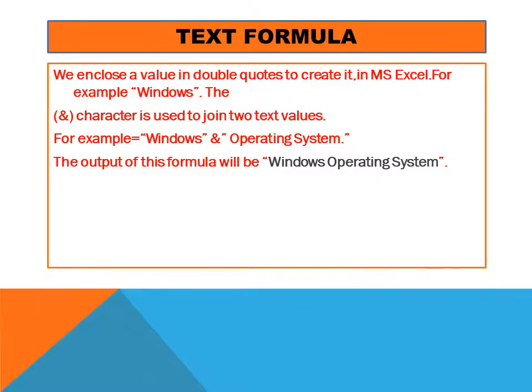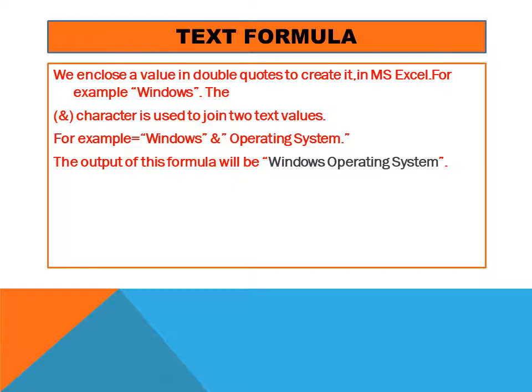Move further. Text formula. We enclose a value in double quotes to create it in MS Excel. So if we want our formula to contain text, then we have to enclose that in double quotes.